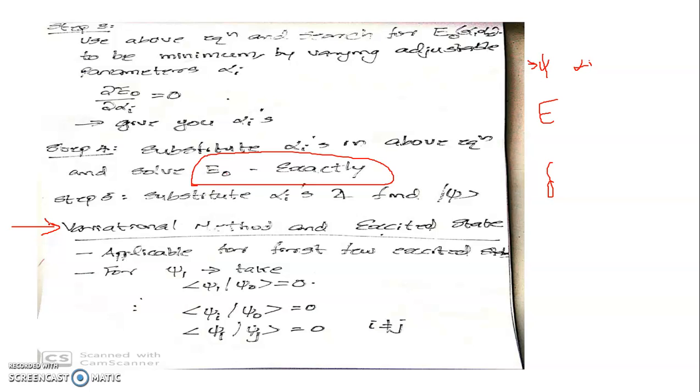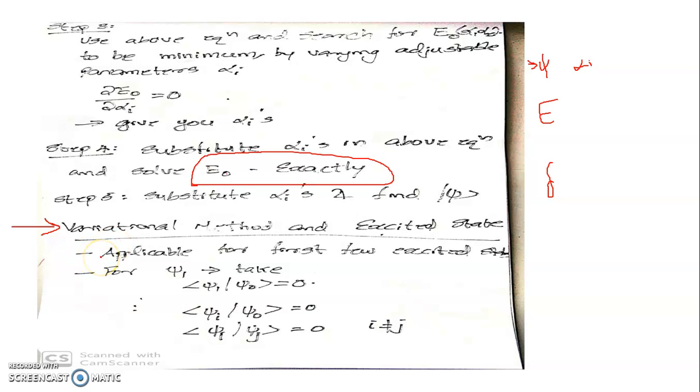Even in the ground state, we have limitations because we have to take into consideration a lot of entities, and absolutely we will not be able to identify all those parameters that have some relevance in the dynamics of the system, in the probability of finding the system even. If you cannot do it absolutely for the ground state, how can we do it for the excited state? So the applicability will be limited as far as the excited states are concerned.